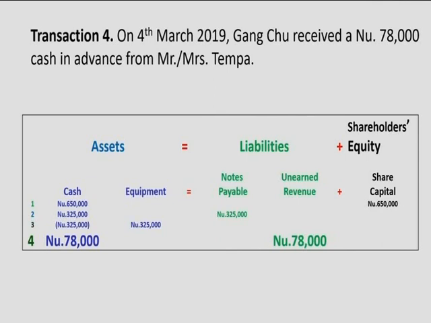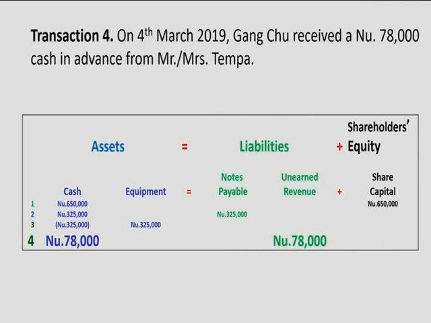Therefore, this is considered as unearned revenue, not yet earned revenue. That means on the liability side of the accounting equation, your liability will be increased by 78,000 as unearned revenue, and on the asset side, your cash will be increased by 78,000. Both positive. So you must understand and keep in mind that the accounting equation always gets balanced.